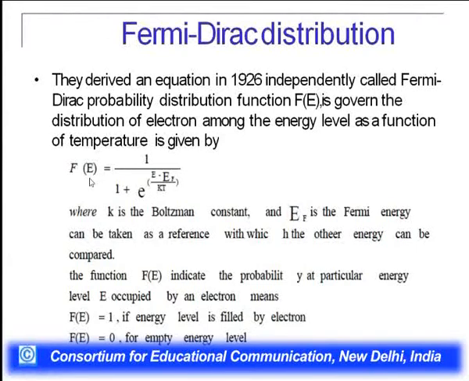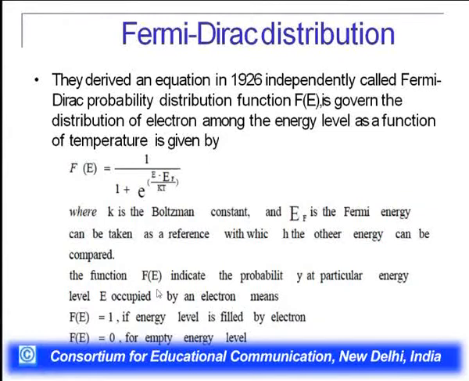That's why its value is F(E) is equal to 1 by 1 plus e to the power (E minus Ef) by kT. Here k is the Boltzmann constant and Ef is the Fermi energy, the highest occupied level, which can be taken as a reference with which the other energies can be compared.